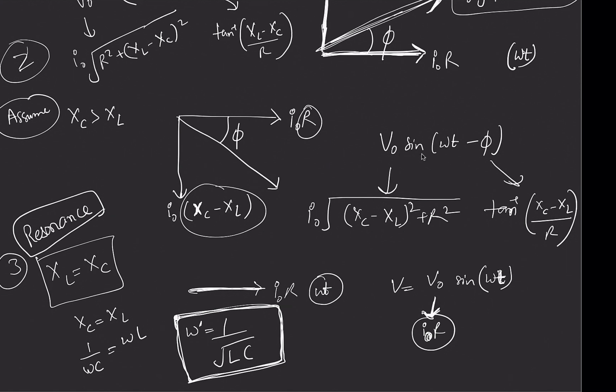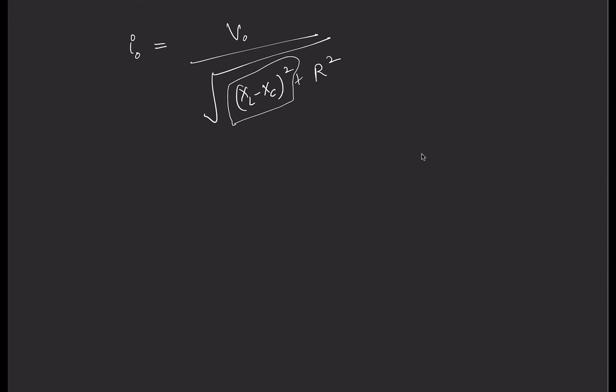In general, the peak values are related by I naught equal to V naught upon root of XL minus XC whole square plus R square. And if XL is equal to XC, one of the terms of the denominator becomes 0, which means I naught becomes maximum. That's why we call it the resonance condition.